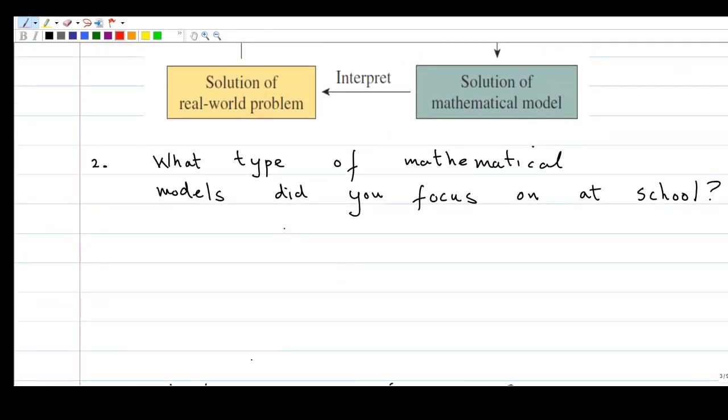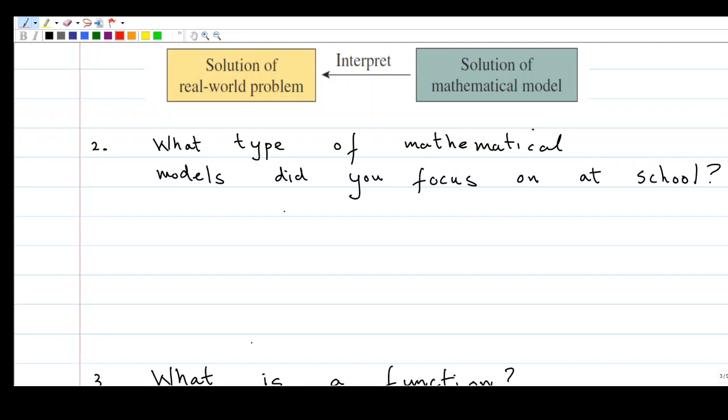2, what type of mathematical models did you focus on at school? Right? You've come across linear functions, right? You've come across quadratic functions.